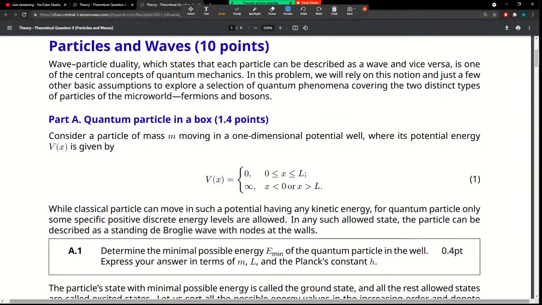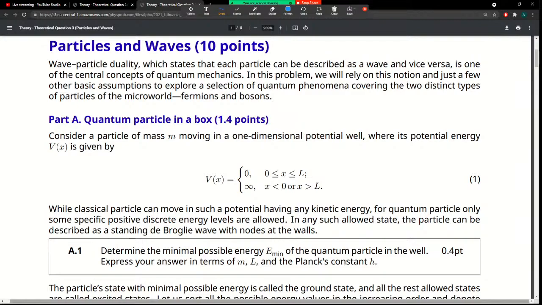Okay. Yeah, we can read part A. Consider a particle of mass m moving in a one-dimensional potential well, where its potential energy V of x is given by the piecewise function 0, where 0 is less than x less than L, and infinity for x less than 0 or x greater than L. While a classical particle can move in such a potential having any kinetic energy, for quantum particles only some specific positive discrete energy levels are allowed.